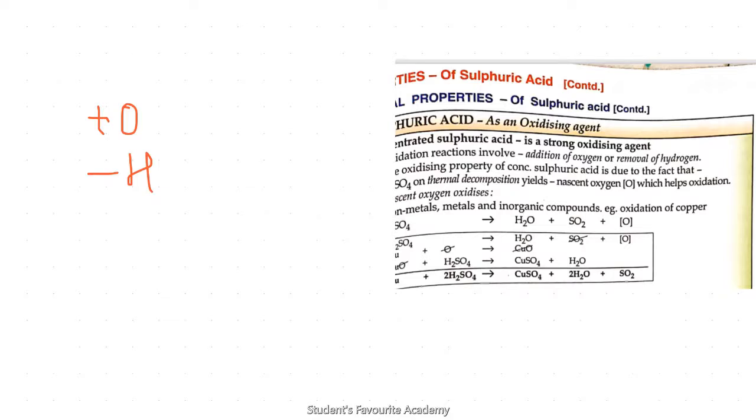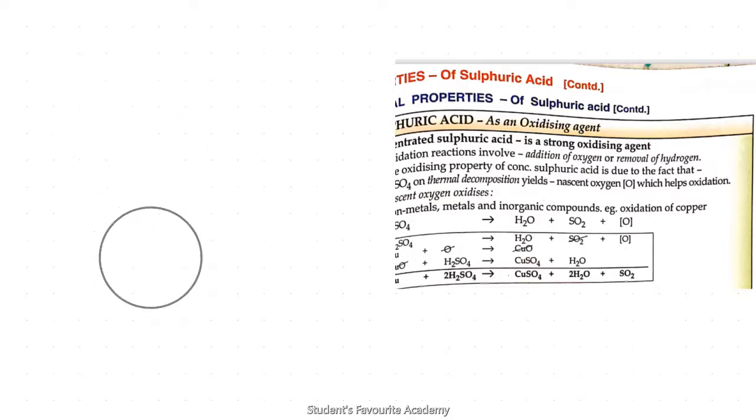Now the oxidizing property of concentrated sulfuric acid is due to the fact that H2SO4 on thermal decomposition yields nascent oxygen, which helps in oxidation. Now what is nascent oxygen, children? It can be described as free oxygen.